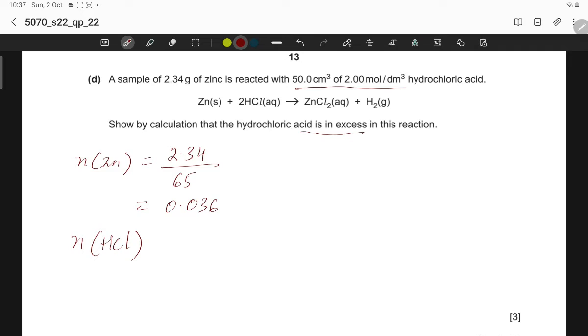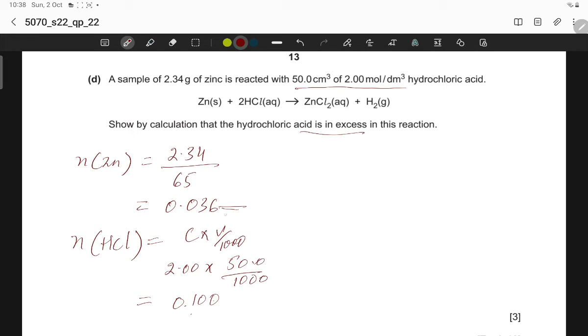Here volume and concentration are given. The formula is concentration into volume over 1000. So concentration is 2.00 into 100 centimeter cube divided by 1000. So the answer is 0.100. This is the mole of HCl, and this is the mole of zinc.